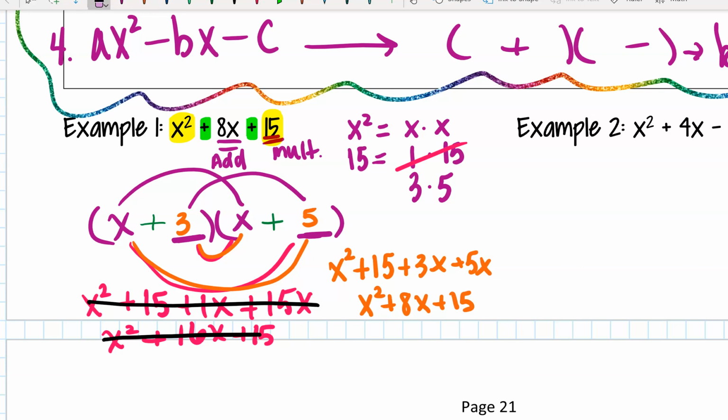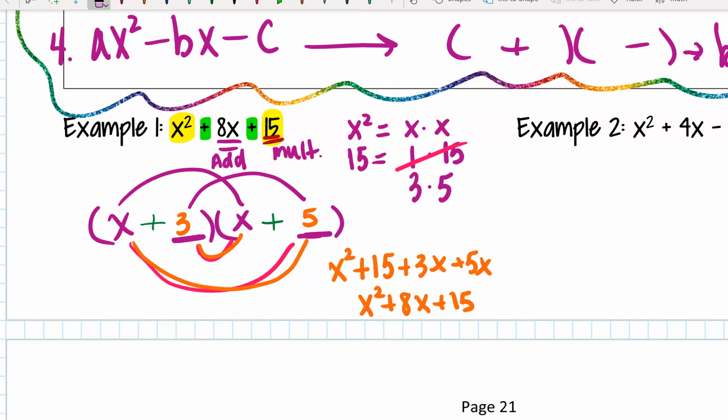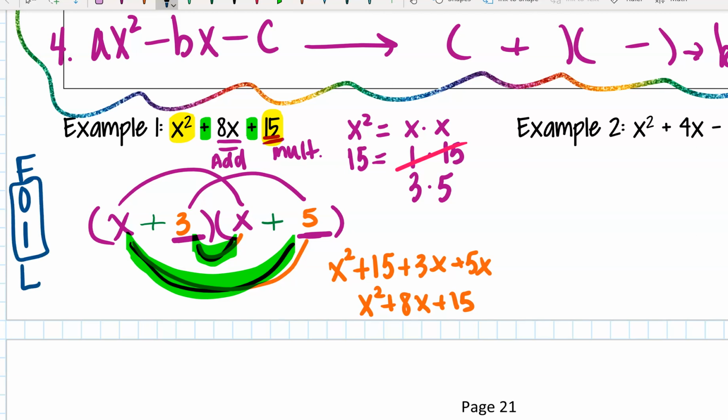This is going to take some skill and some practice, but you will get there. If you notice, what gives me my middle term are these two lines underneath, what I always call the nose and the smiley face, the O and the I from FOIL. That will always give you your middle term.